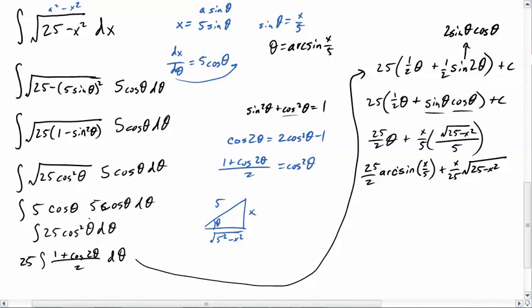Except for, of course, the fact that this is supposed to be in parentheses and I didn't distribute the 25 over 2. Yeah, you'd think I forgot. I didn't forget that c either. So when we do distribute this, we'll have 25 over 2 arc sine x over 5. And then that will give us x over 2 times the square root of 25 minus x squared.